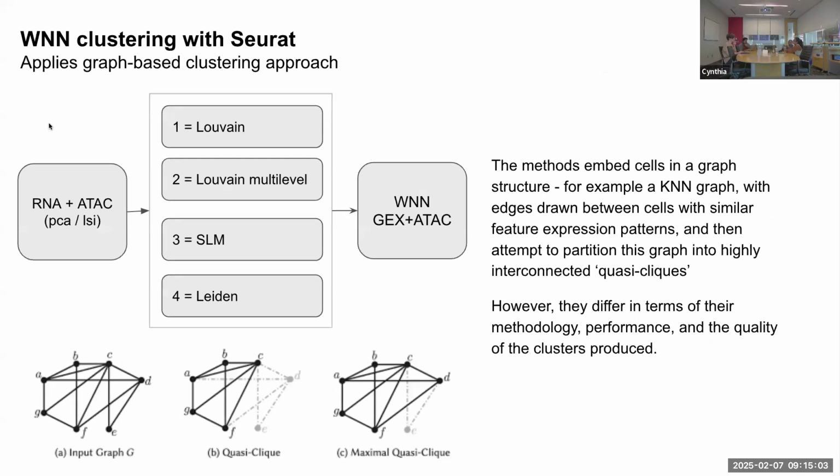So when we want to combine the modalities using the weighted nearest network clustering, at least in scRNA, all the algorithms that scRNA has available use a graph-based clustering approach. The main goal is that we have as input the dimensionality reduction for RNA and ATAC, and we want to have the cross between these 2.